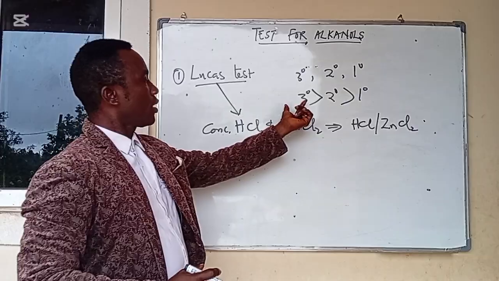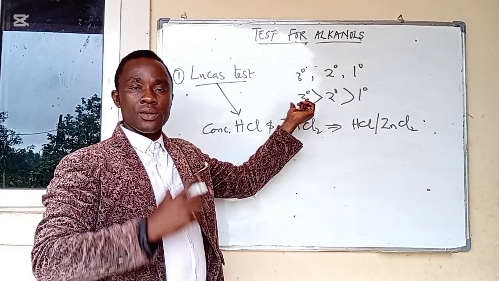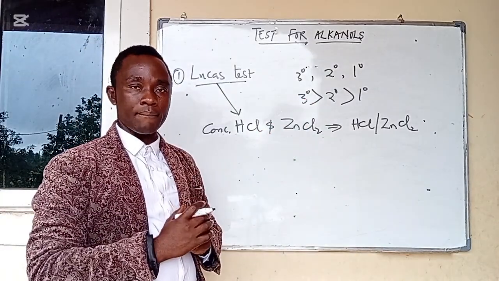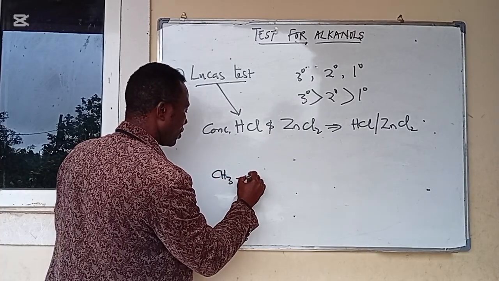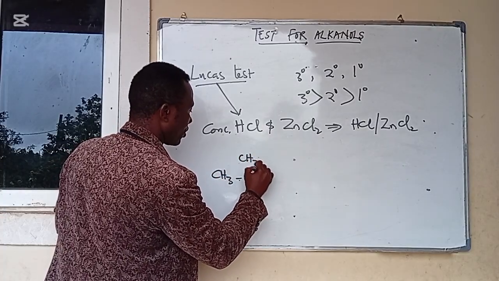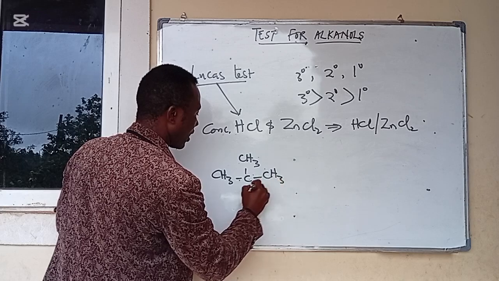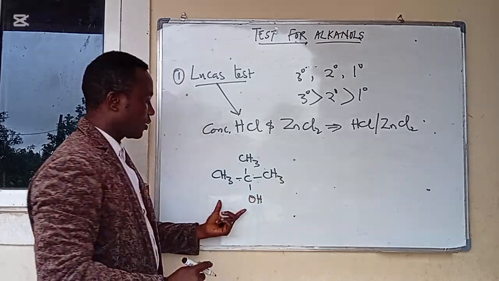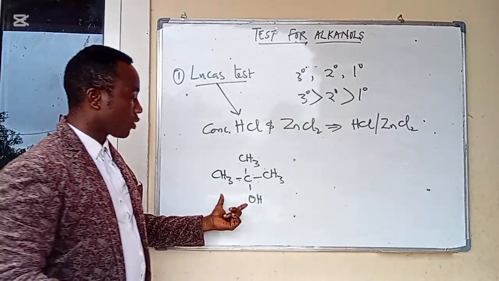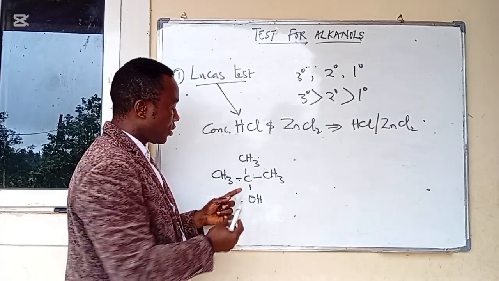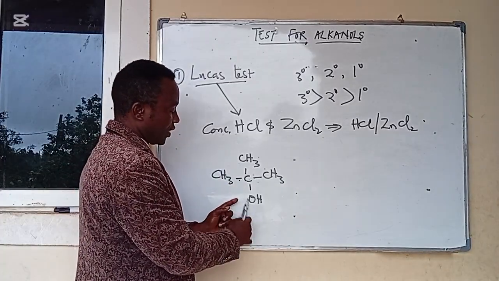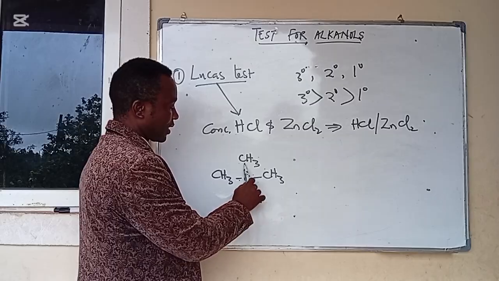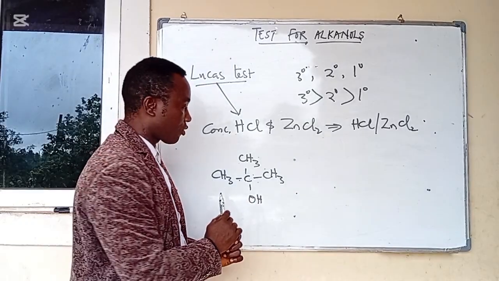Now, since the tertiary alkanols react faster, let us begin with them. Take a tertiary alkanol like (CH3)3C-OH. This is a tertiary alkanol because the carbon atom that bears the OH is linked to 3 other carbon atoms.